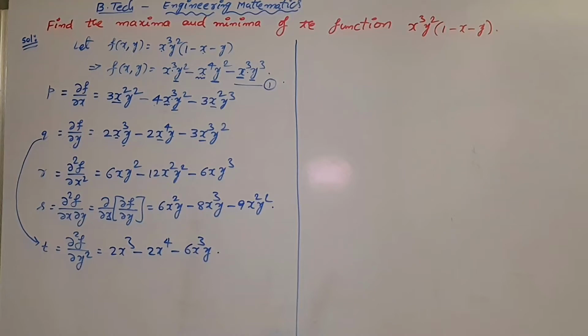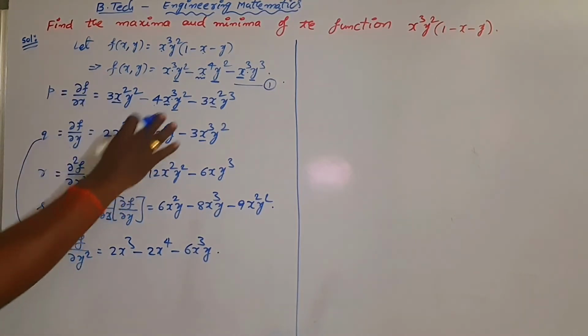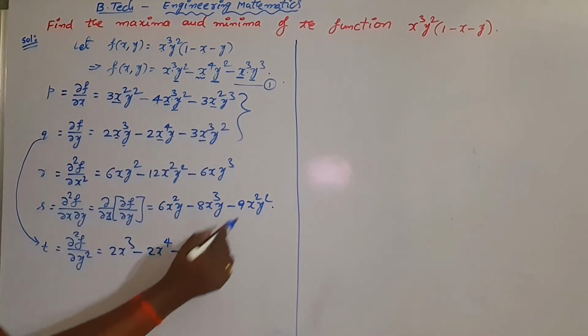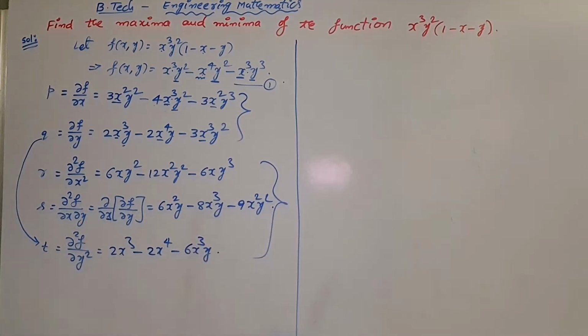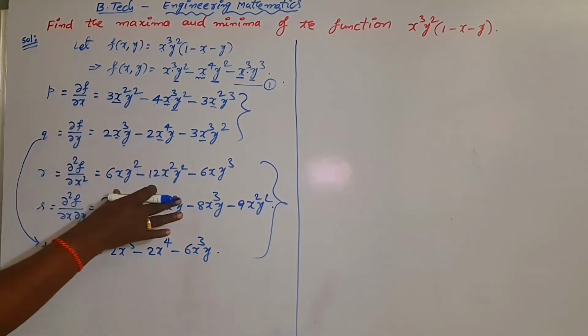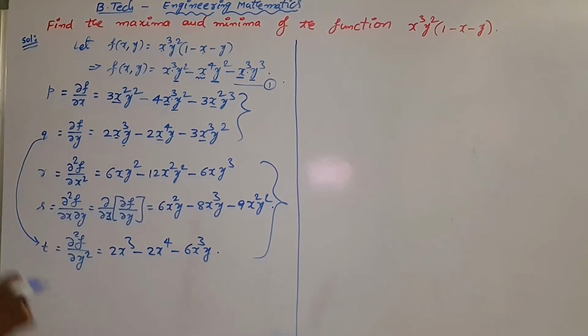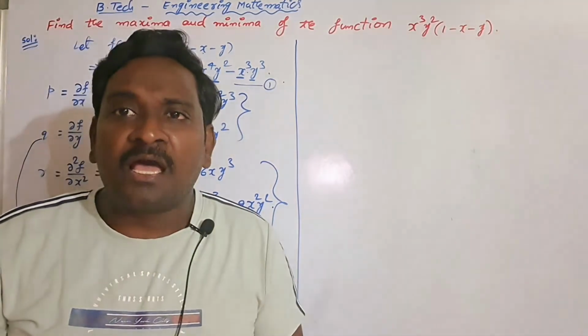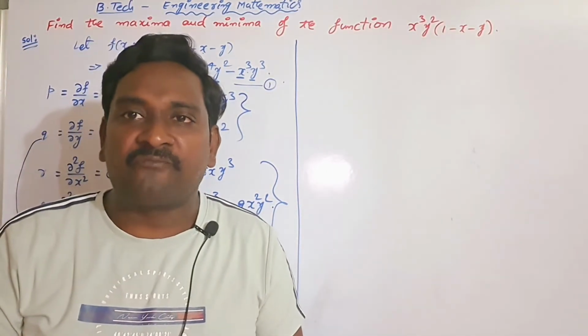So we have calculated the partial derivatives. These two are first order partial derivatives, and these three are second order partial derivatives. Evaluating these partial derivatives is very important. Already you know how we can get the maxima and minima of a function.